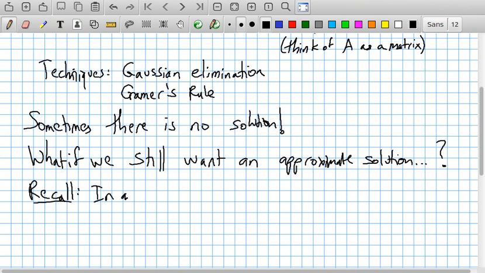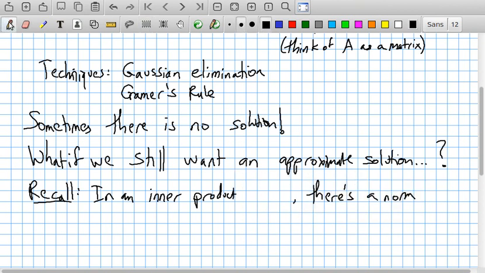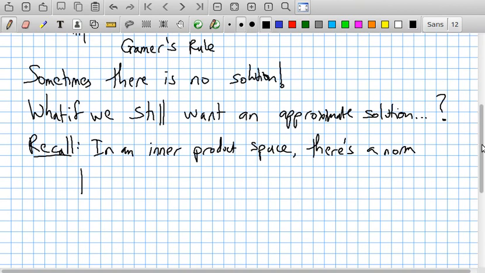In an inner product space, there's a norm. What is that? Well, the norm is written as the square root of the inner product, like this. And what does that mean?